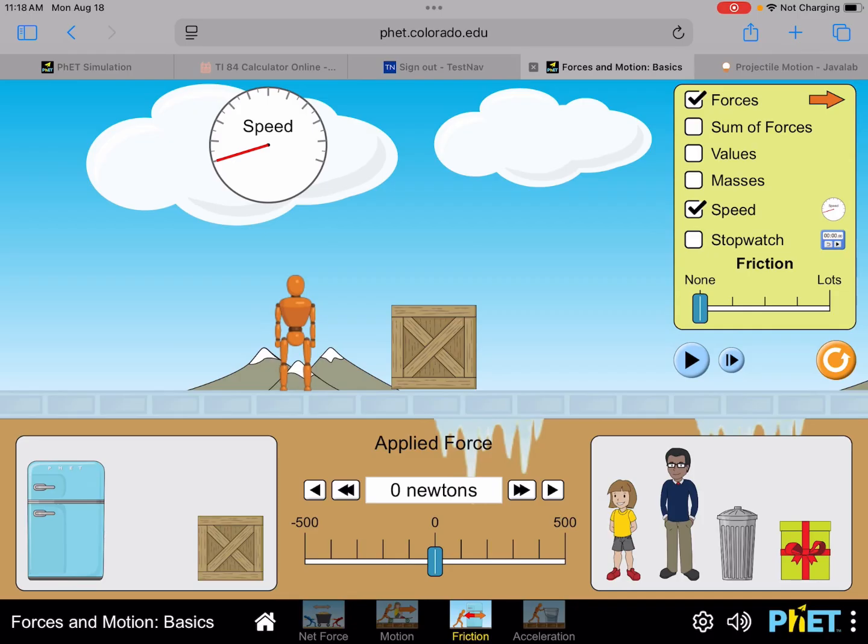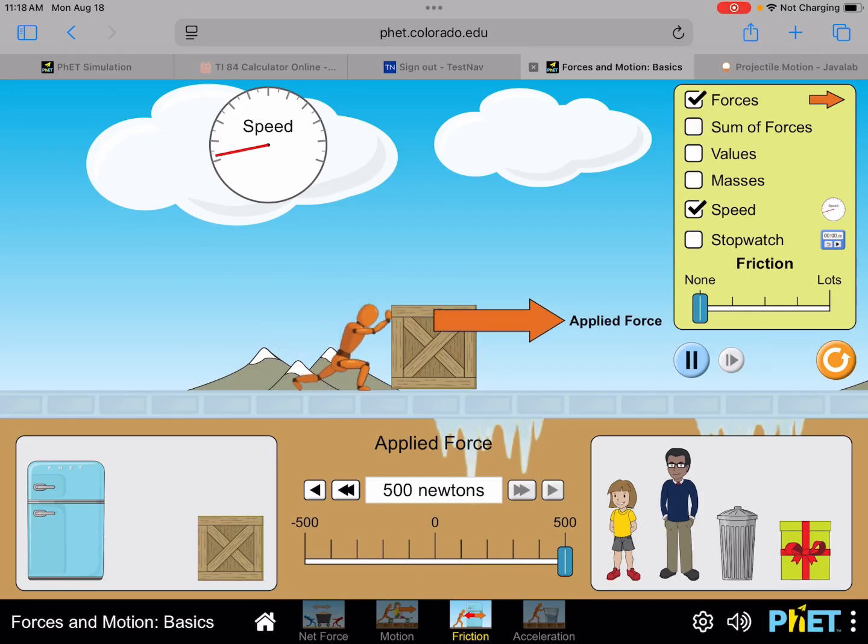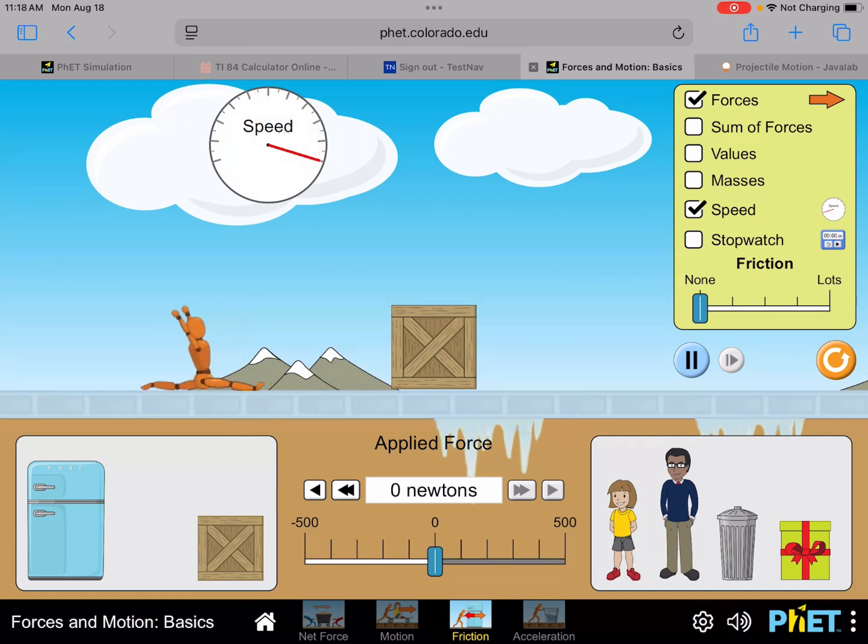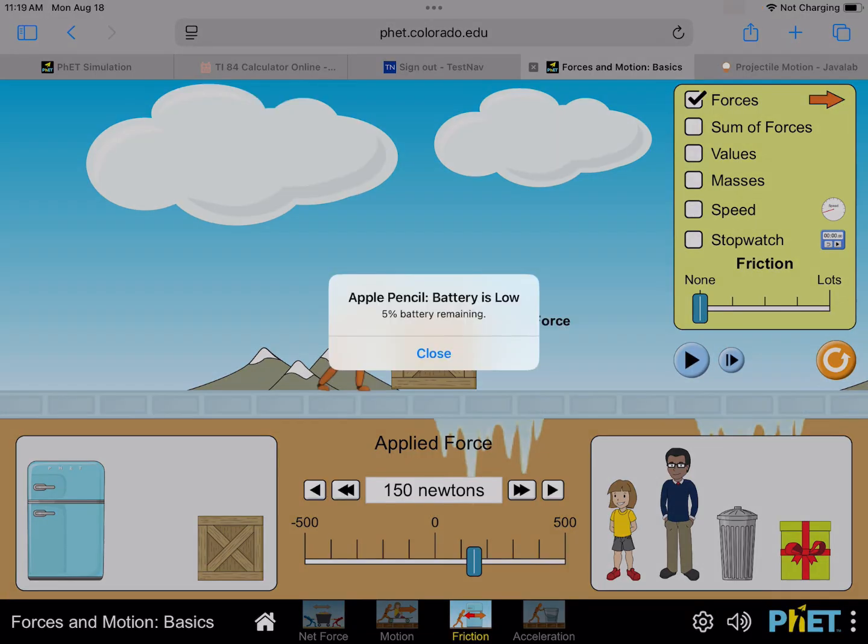Again, no friction, but I'm going to make the applied force very big so that there's a large net force. And look at that. It accelerates like it did before, but now it accelerates a lot faster. Acceleration is directly proportional to the net force. So a larger force causes a faster acceleration.